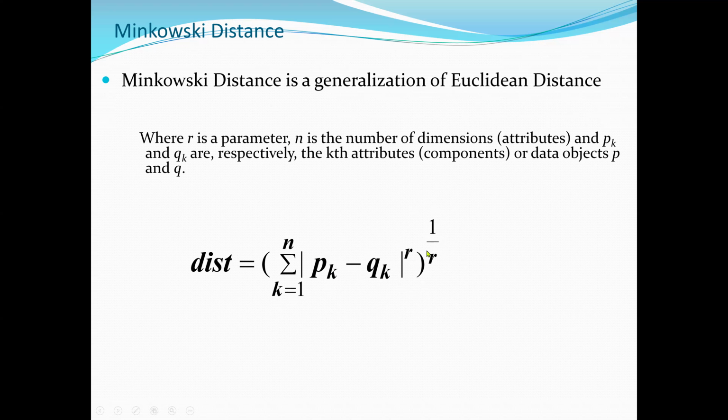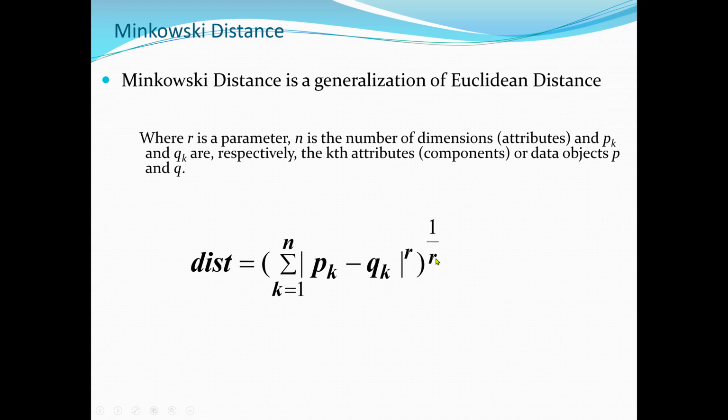So the r normally is the parameter. So if the parameter is 2, then it's the square root of everything, then it's the same as Euclidean distance. But again, the parameter can be 3, 4, any amount. And also the n is the number of dimensions, which is the number of attributes we have. And pk and qk are the attributes. So again, this formula is almost the same as Euclidean distance.